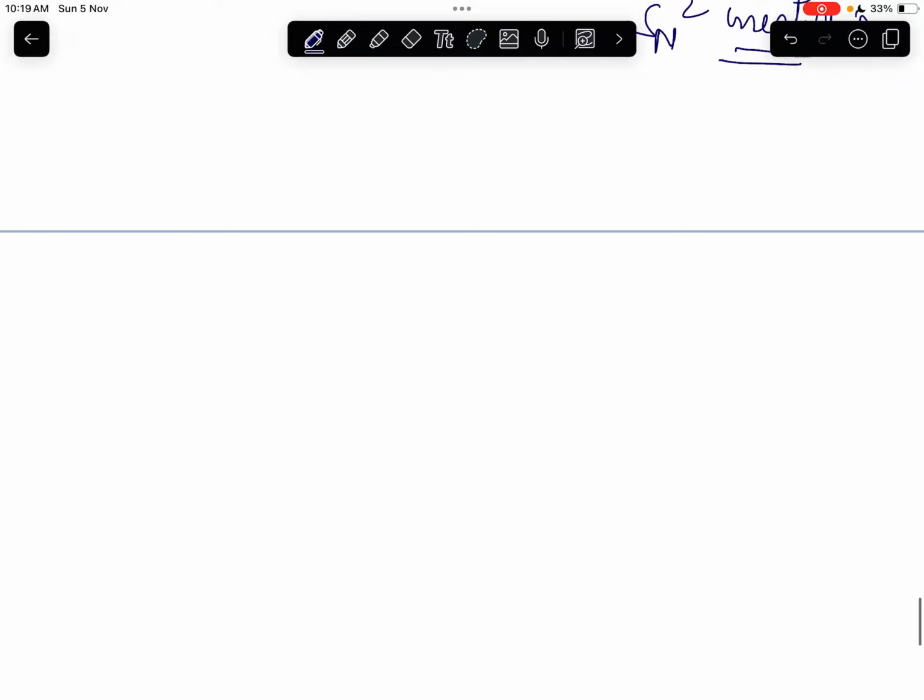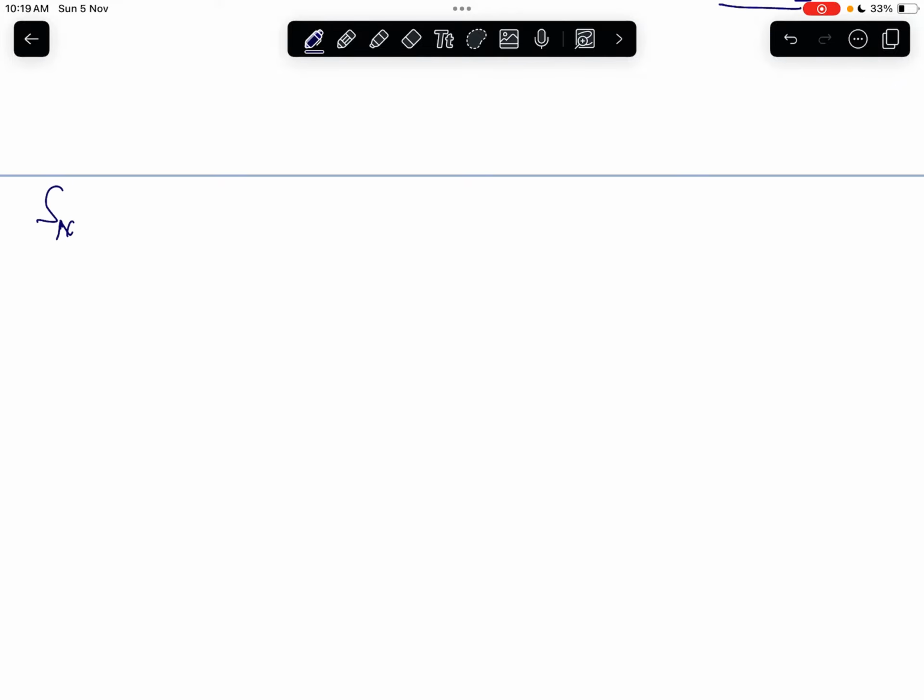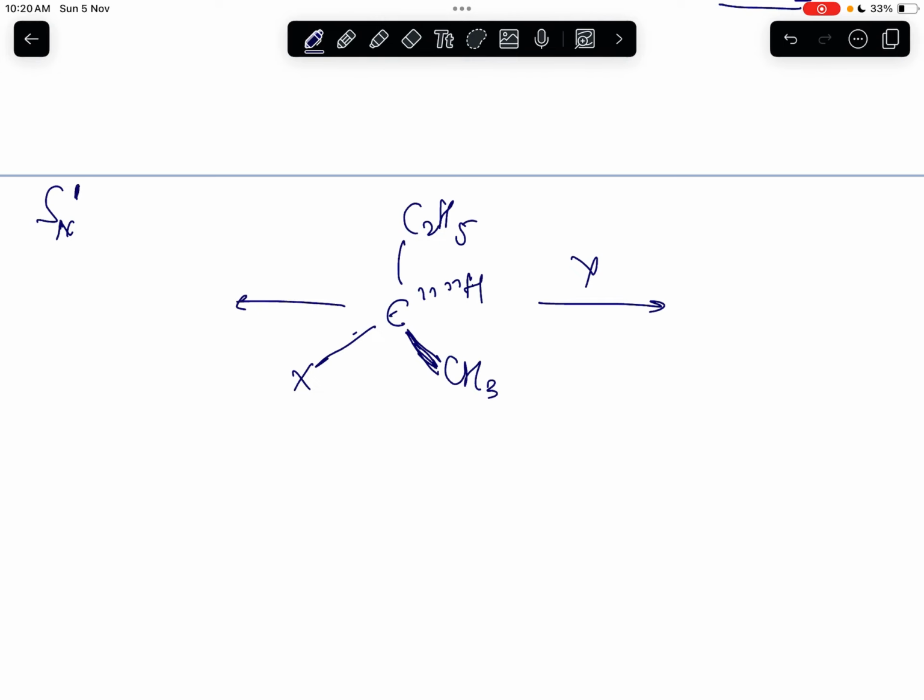Let's understand SN1. In the case of SN1, we are taking the stereo compound, an optically active center, like this. Suppose Y is approaching. There are two possibilities: Y can approach from either of the two sides.